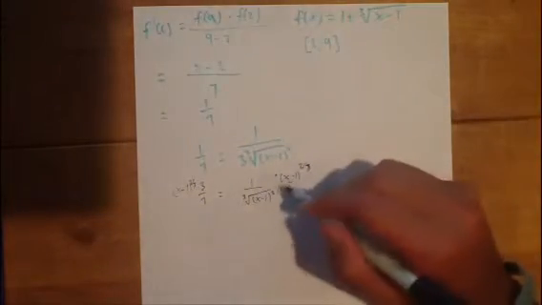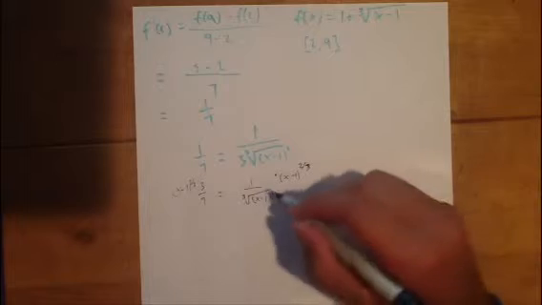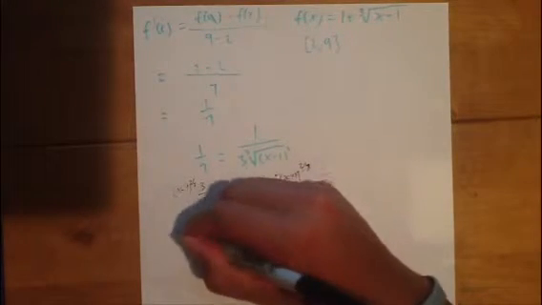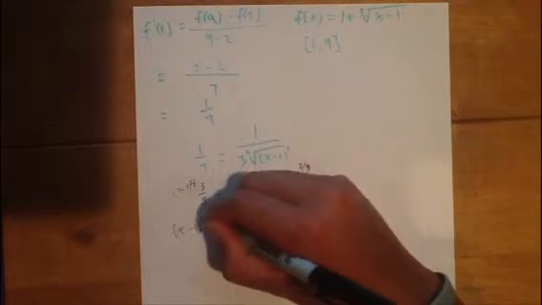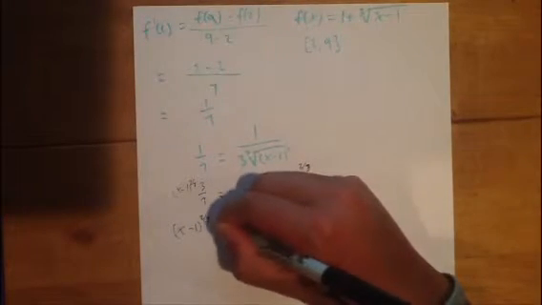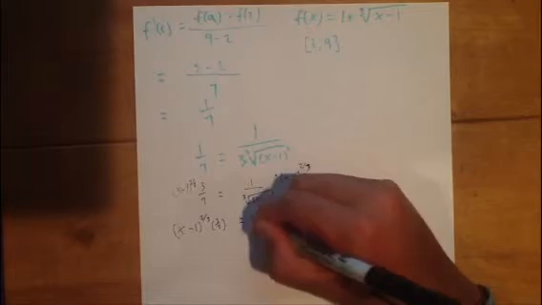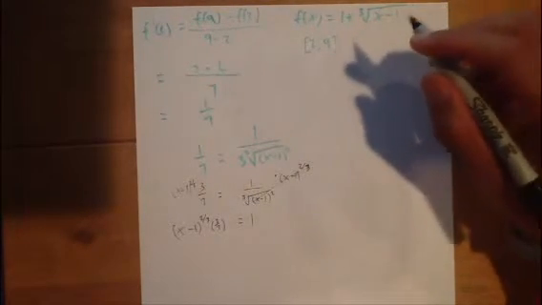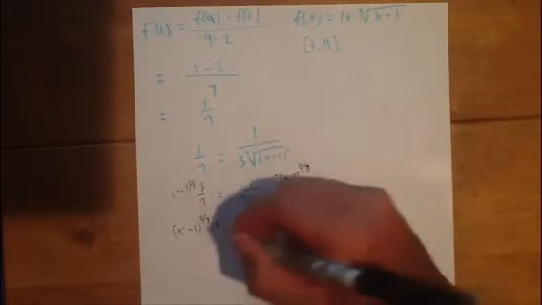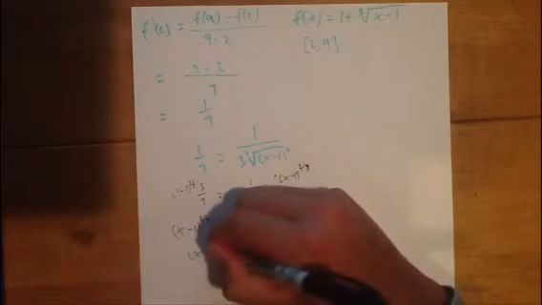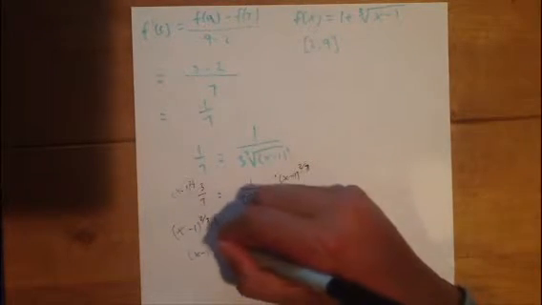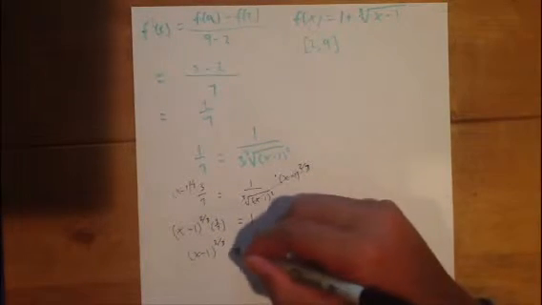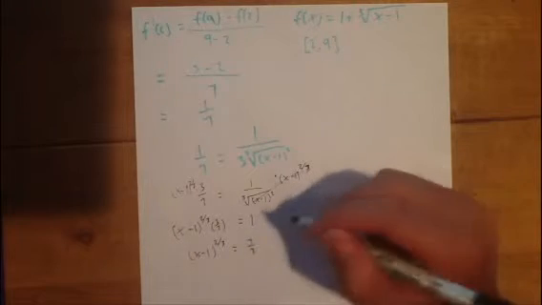So on this side we're just going to get 1, and on this side we get this big ugly thing, but bear with me. x minus 1 to the 2/3 times 3/7 equals 1. At this point, let's multiply both sides by 7/3, so we get x minus 1 to the 2/3 equals 7/3, since the 3/7 goes away.